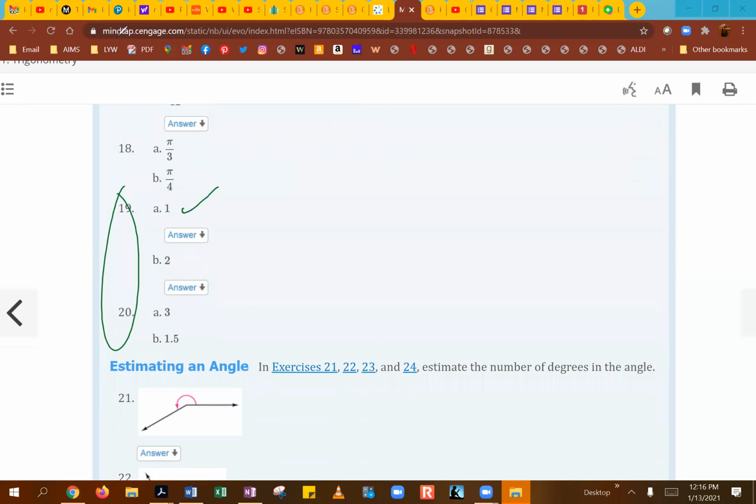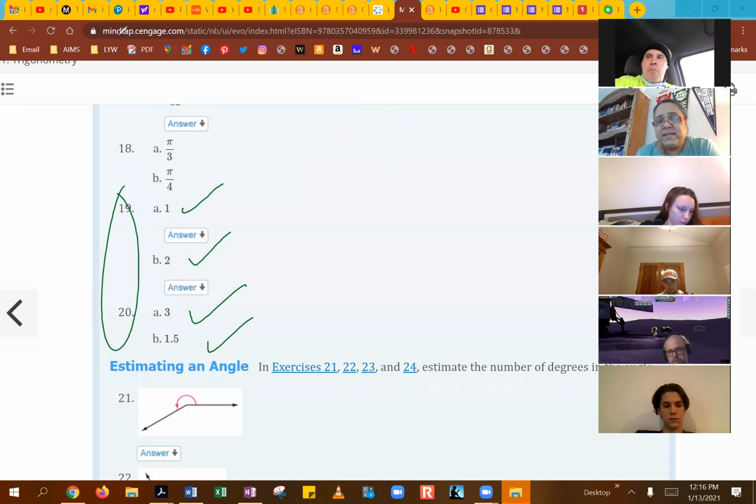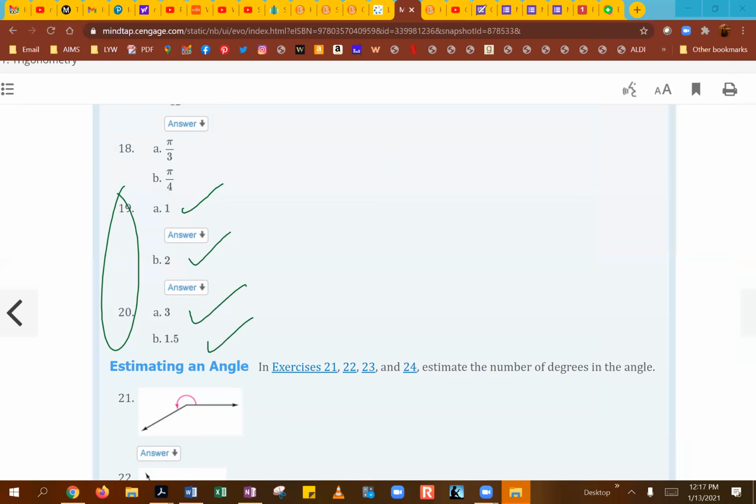You will see how they have the number 1, the number 2, 3, and 1.5. Just because it's given to you in that numerical format, guys, and you're not seeing any pi in there, do not assume that this is a degree measurement, because it's not. This is actually still radians. They're just messing with you by giving you, instead of pi over 4 or pi over 6 or 3 pi over 2, these constant numbers, 1, 2, 3, 1.5.